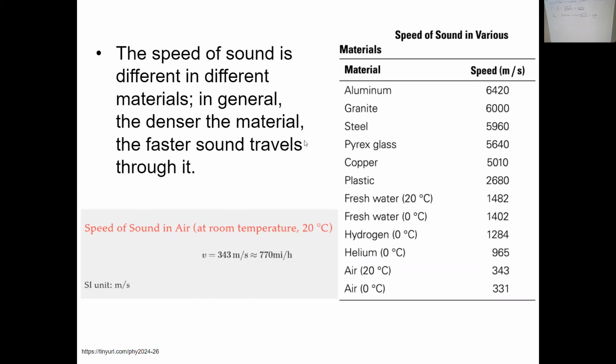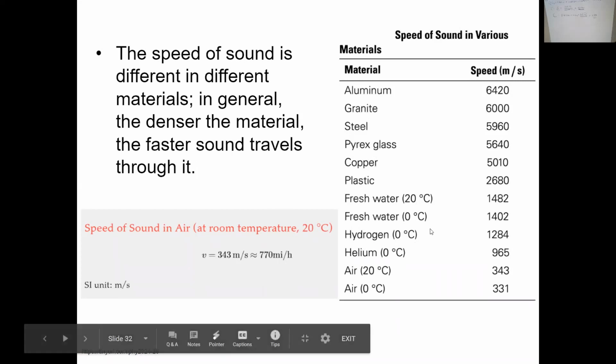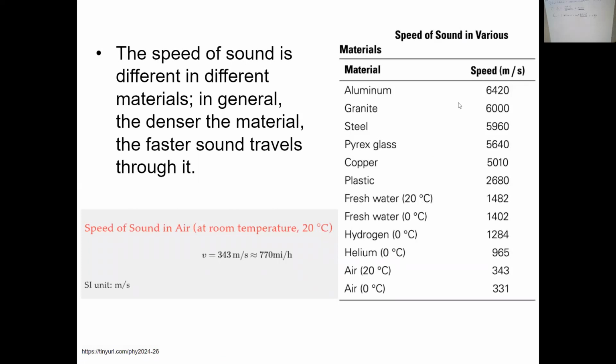Sound also propagates in other materials, like solid metals, waters, and other gases. You will find this in the table: the speed of sound in solids or metals is much quicker than it is in air or in liquid.